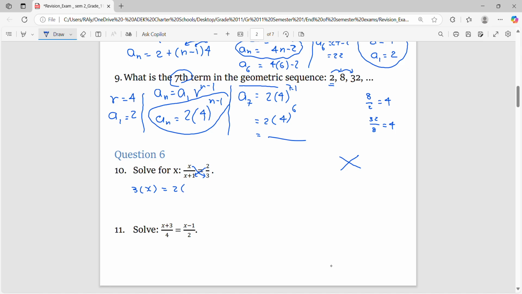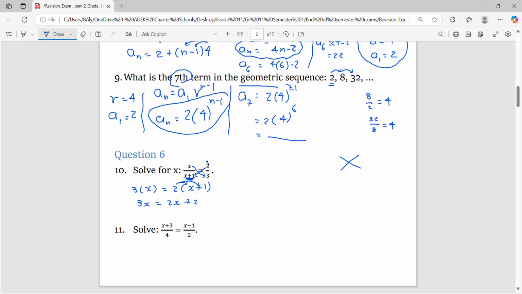2 multiplied by x plus 1. Many questions were received about why we put x plus 1 in a bracket. Because this 2 multiplies each term in this denominator, so we have to put them in a bracket to distribute the multiplication on each term inside. So 3x equals 2 times x is 2x, and 2 times 1 is 2.